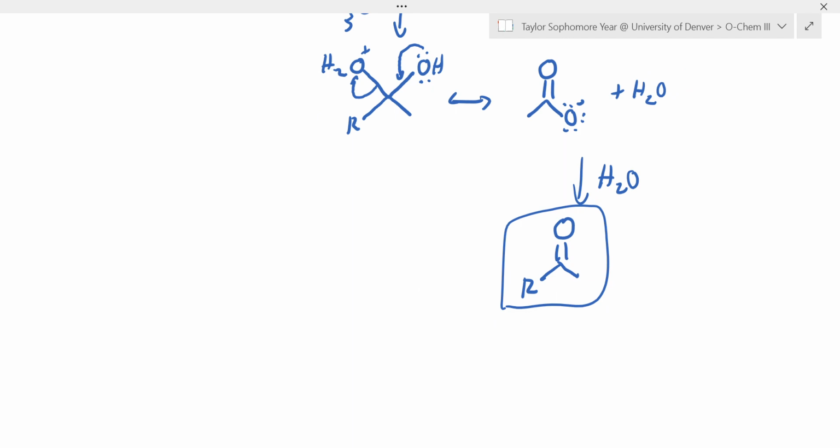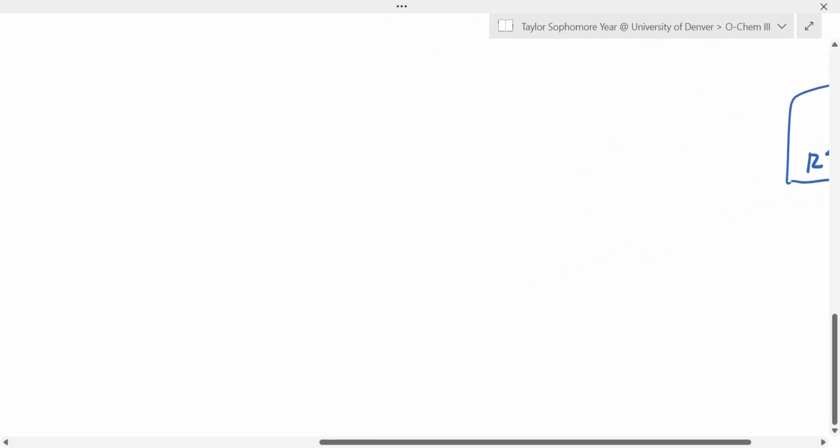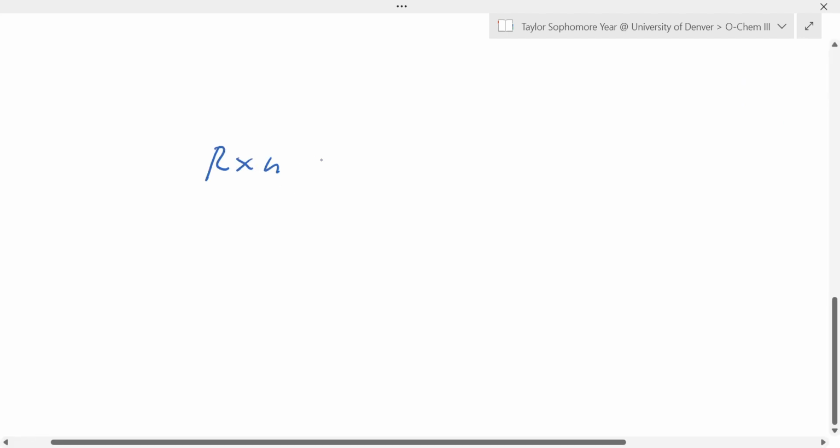So next we'll do a reaction synthesis of carboxylic acid and acid chloride. So, reaction of carboxylic acid and acid chloride.